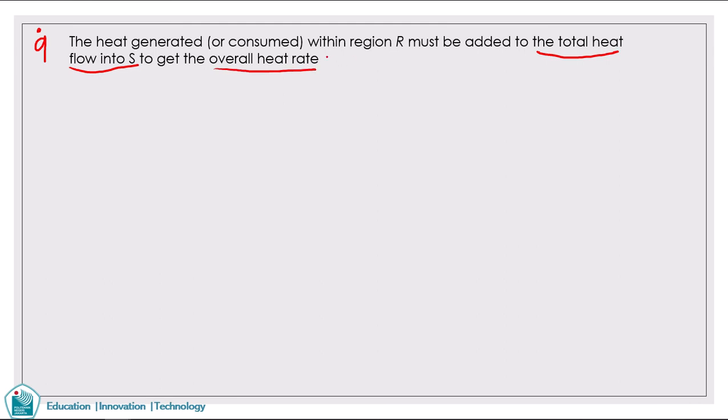The overall heat rate means the q, and the total heat flow means the flux multiplied by the area, or q double prime times A.